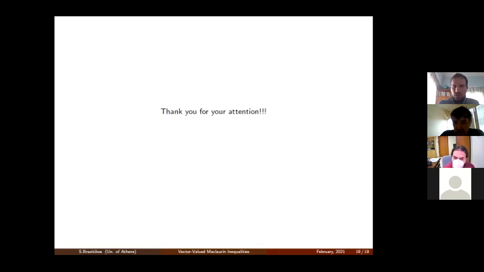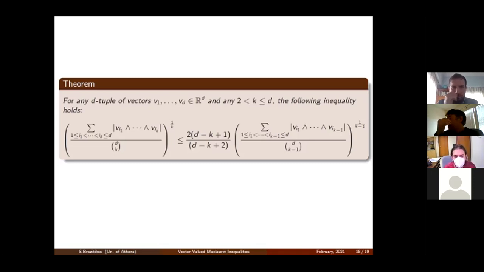No, unfortunately. Let me also say that in the beginning, when I stated the conjecture, I said that we take m vectors in R^d. Yeah, but you can take more, right?